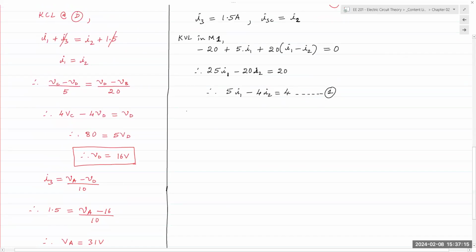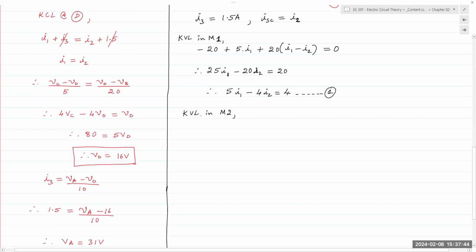Then I'll go ahead and apply KVL in mesh 2. I wouldn't need to apply it in mesh 3 because there's a current source in there, so I would not be able to describe the voltage drop across it. And even if I wanted to, the voltage drop across it would be the same as the voltage drop across the 10 ohm resistance, because it's in parallel.